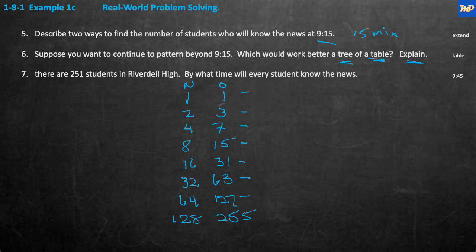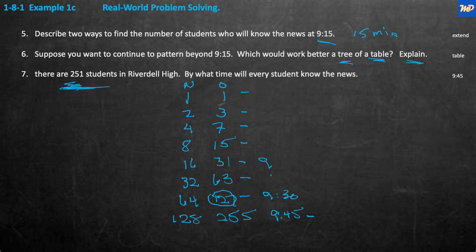Okay, so now there are 251 students at Riverdale High. So here was 8, 8:15, 8:30, 8:45, 9, 9:15, 9:30, 9:45. 9:45 is the time, because at 9:30 only 127 students knew the news, but there are 251 students.